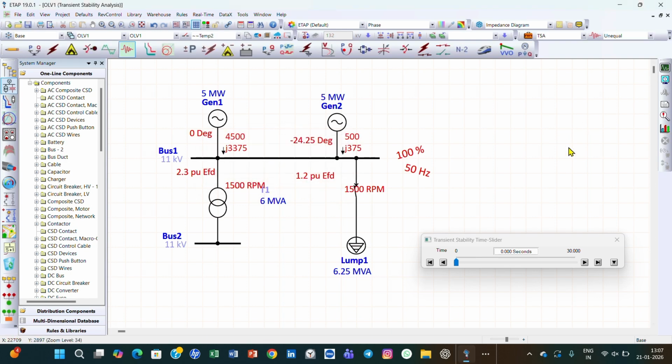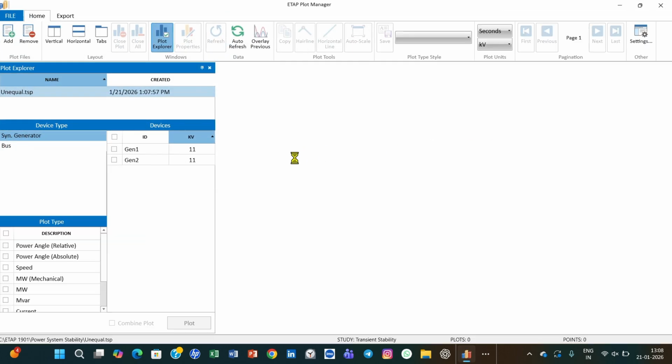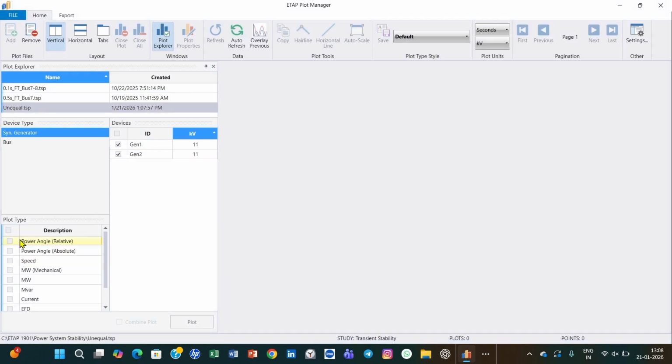and perform the fault. Now we can see again, go to the plots, and now we can see the relative power angle.